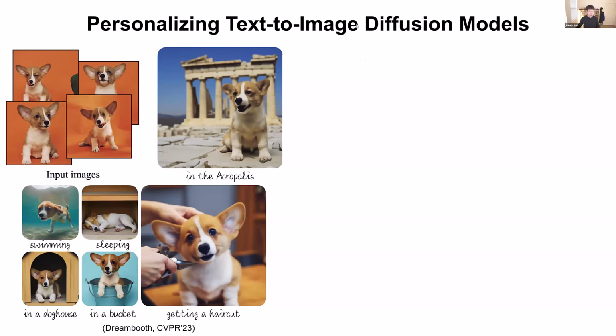So as you can see, after you use a few photos of this particular dog, you can fine-tune your diffusion models, and then it will generalize to different backgrounds and different activities of this particular object. Because the data is very limited in this scenario, you don't fully fine-tune the whole model.